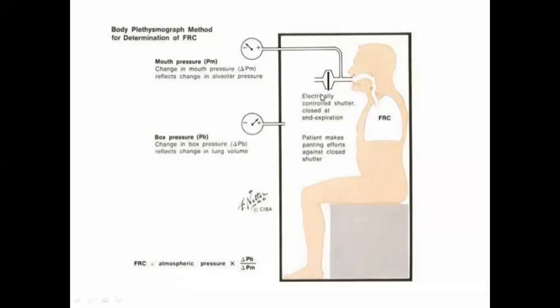Here, an electrically controlled shutter is closed at end expiration. So in the inhale and exhale process, at the end of the exhale process, this shutter is closed electronically. Due to variations in the expansion of the thorax, there are variations in the pressure inside the box.